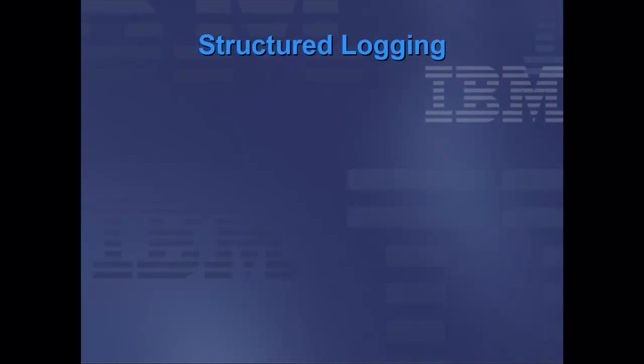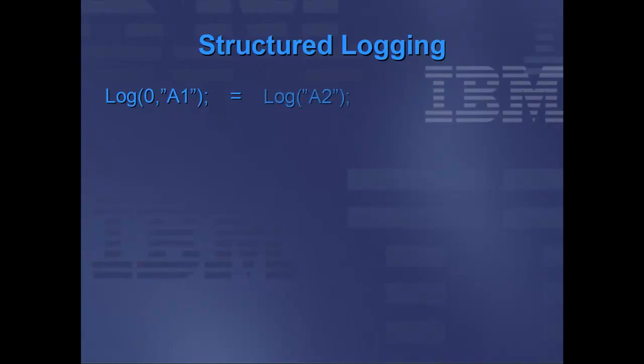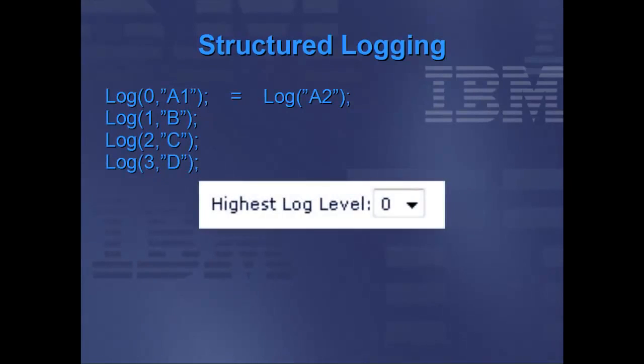Log statements of the style log 0, which is equivalent to no log level in the function, in log level terms, is essentially always log. The higher levels, log 1, log 2, and log 3, give you definable levels of information reporting.